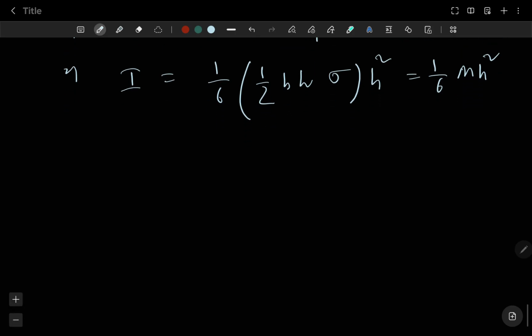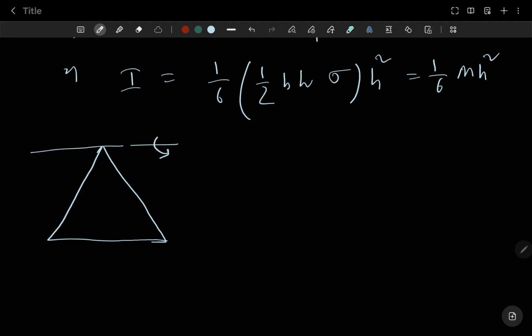Now we can calculate the moment of inertia of this triangular lamina about several other axes like this. Suppose about this axis, what will it be?